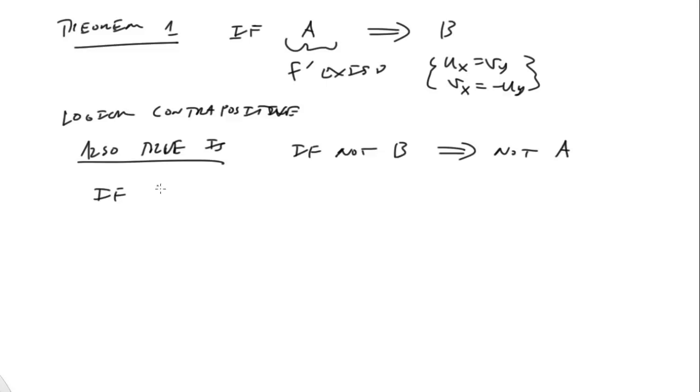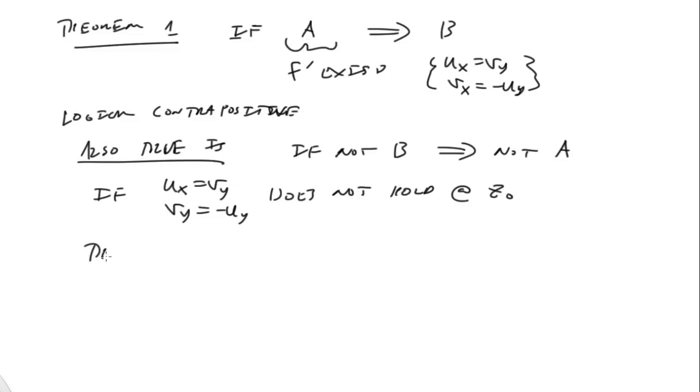if ux equals vy and vx equals negative uy does not hold at a point z naught, then f prime at z naught does not exist.